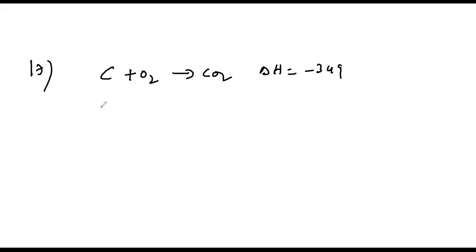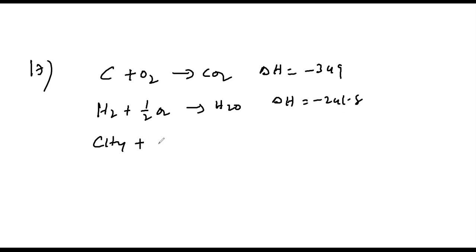Combustion of hydrogen, delta H value will be minus 241.8. Next, combustion of methane, delta H is equal to minus 906.7. Okay, just a minute.